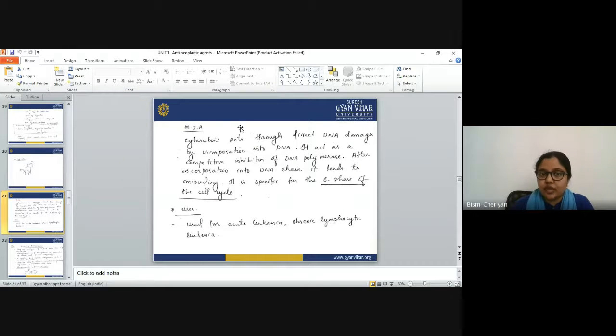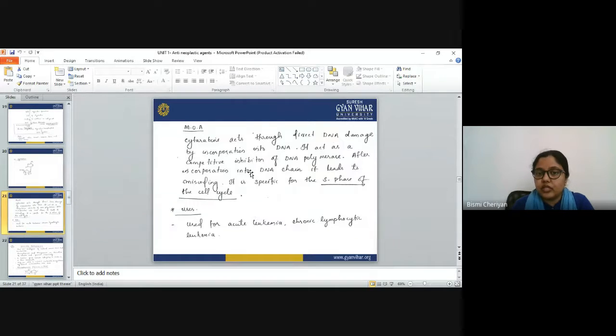That is why this cytarabine has the capacity to incorporate into the DNA. Okay, it acts as a competitive inhibitor of DNA polymerase. DNA polymerase is an enzyme, and cytarabine competes with it, so this inhibits the DNA polymerase enzyme.